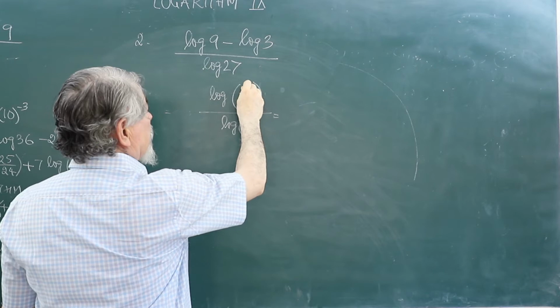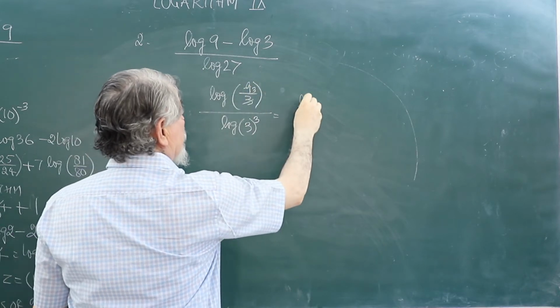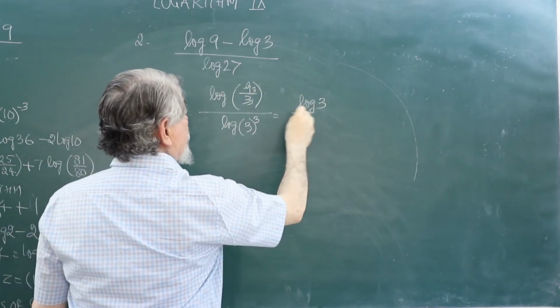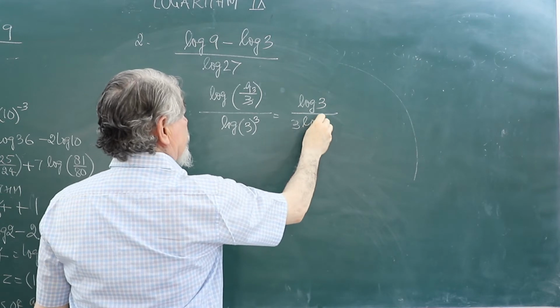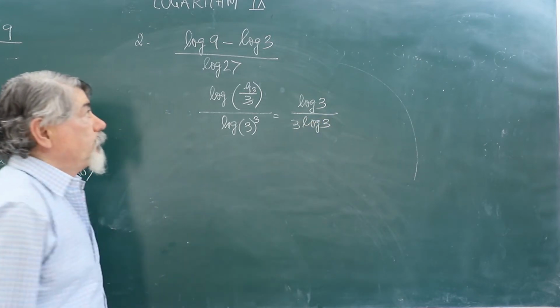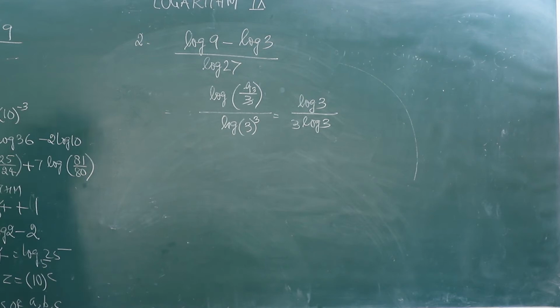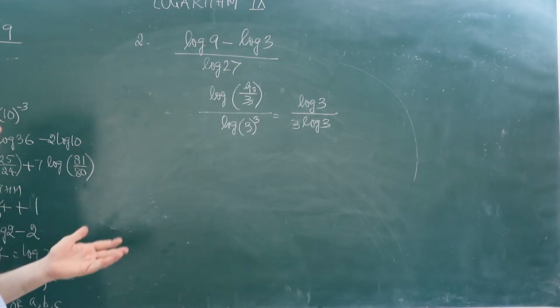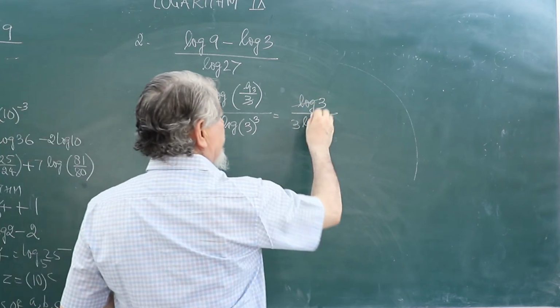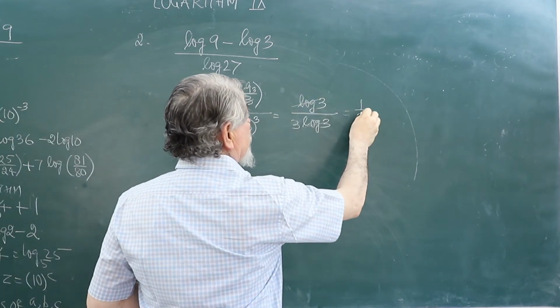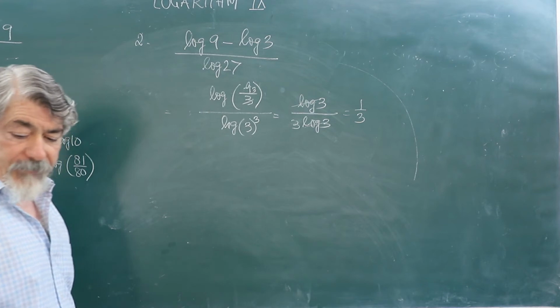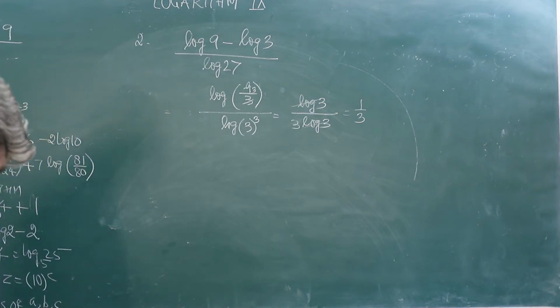It will be what? 3 3s are 9. So log 3 upon 3 log 3. In the numerator I have got log 3. In the denominator I have got 3 log 3. Log 3 will cancel, I'll get 1 upon 3 as the answer.